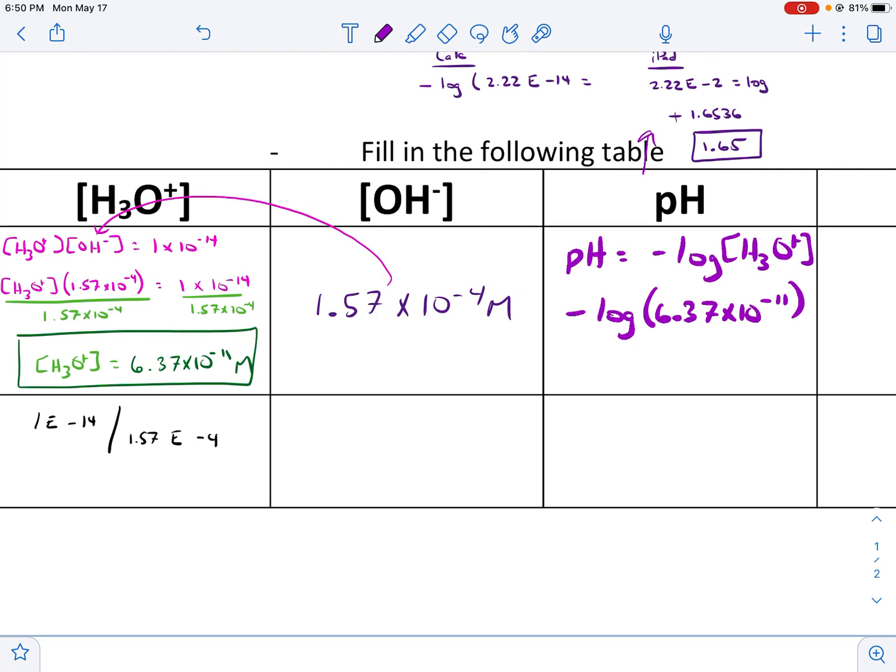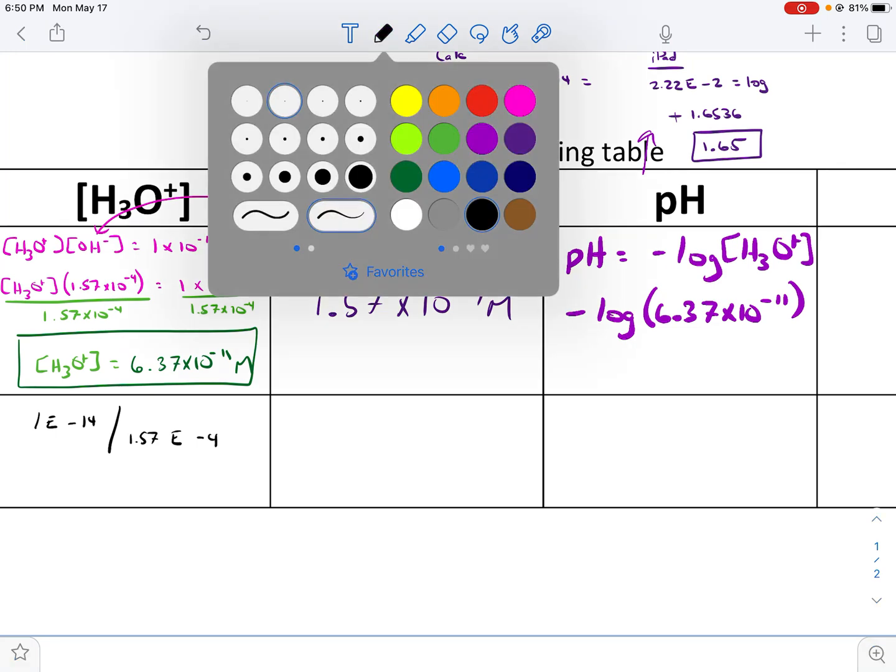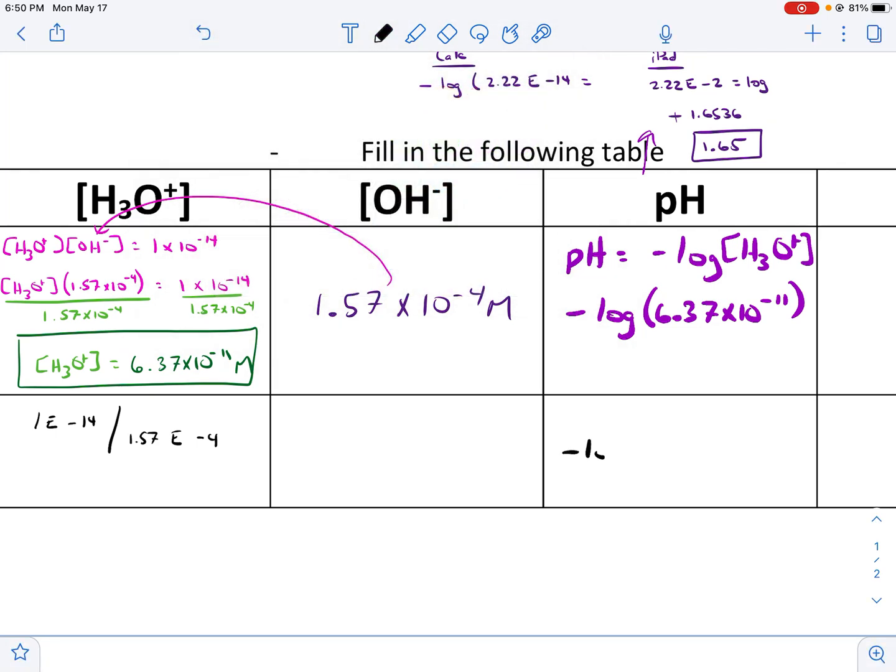Plug that baby in. Like we did before, we're going to say negative log and then 6.37 e negative 11. Or if we're on the iPad, we say 6.37 e negative 11, hit equals, then the log button, and take off the negative sign.